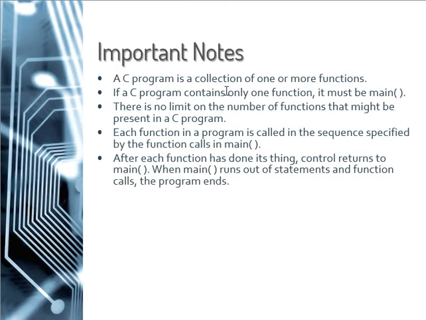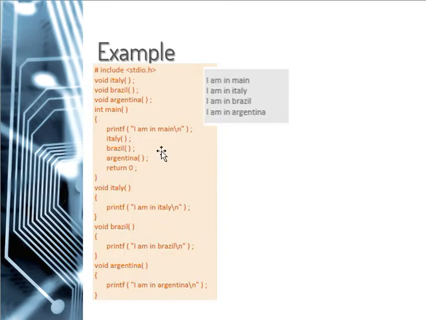A C program is a collection of one or more functions. So basically, you now realize that a C program has no other content other than functions, and also information to tell the compiler about details of your code, such as the include stdio and the prototype, but most content in your C program are all functions.